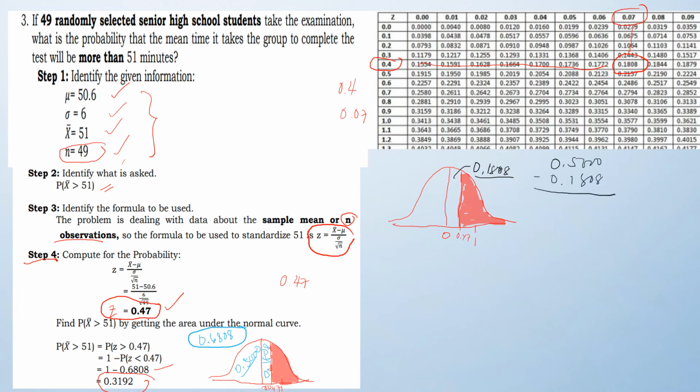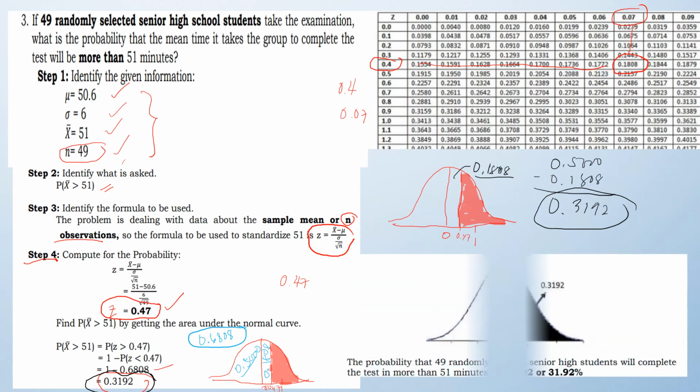That's why we have 0.3192, which is the same answer. So any of the two can be used in finding the probability.